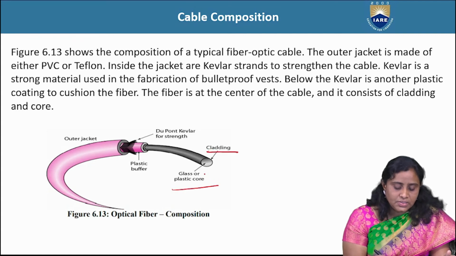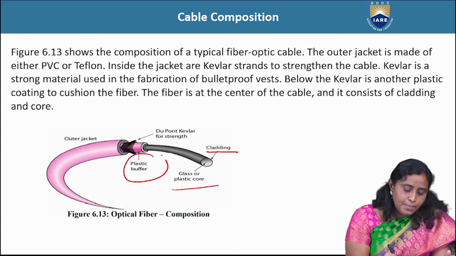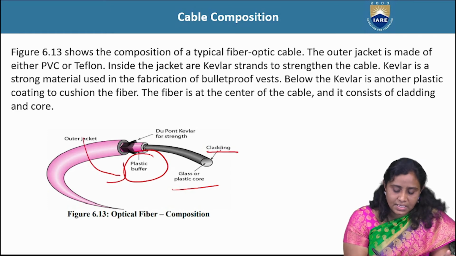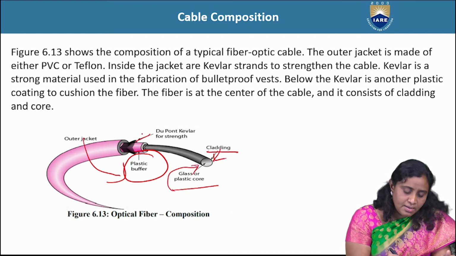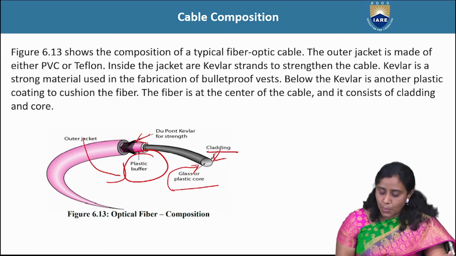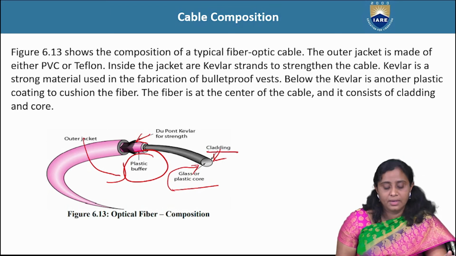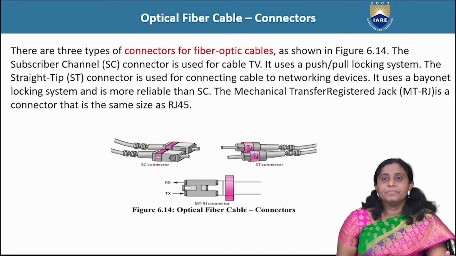The fiber is situated in the middle, surrounded by an outer jacket, with the cladding at the initial level and the plastic core. The Kevlar is for extra strength. This is the composition of one optical fiber.